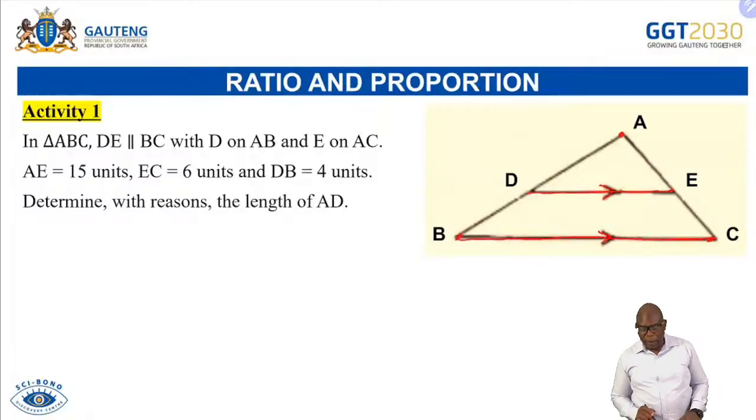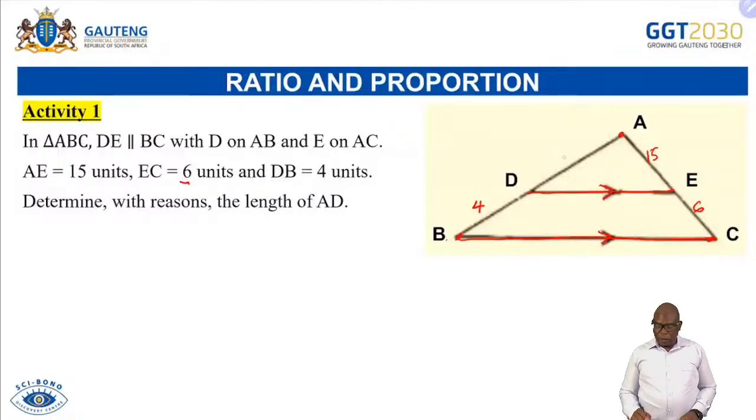So those lines are parallel, and I can play around with my ratios and all that. Now you are given that AE is 15 units, EC is 6 units. We must put all those units together. DB is given as 4 units.